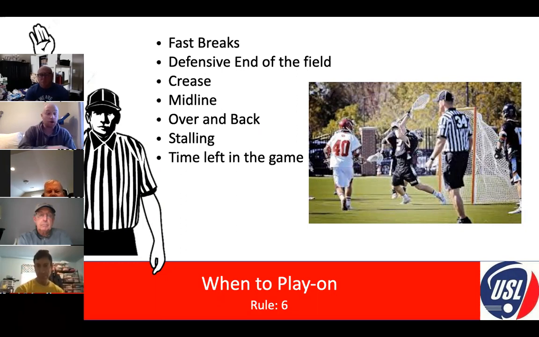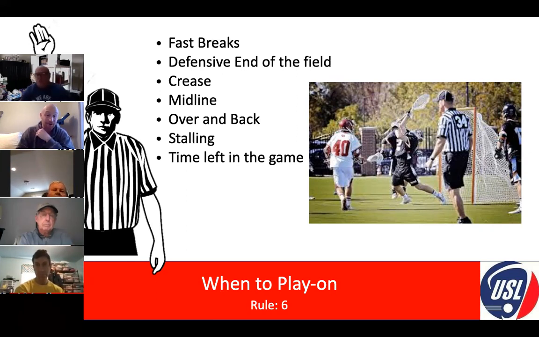At the midline, over and back scenarios, the ball is squirting across the midfield line and the offensive guy is completely open to pick up that ball. Are we going to kill that opportunity for that player to get a fast break, or are we not going to kill it? Stalling. Are we going to kill a stall? When do we kill a stall?